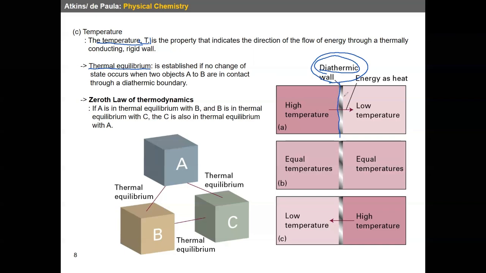So for example, if there are these boxes, and here is the high temperature, and here is the low temperature, and this boundary is a diathermic boundary, then the energy can flow from the high temperature to the low temperature.